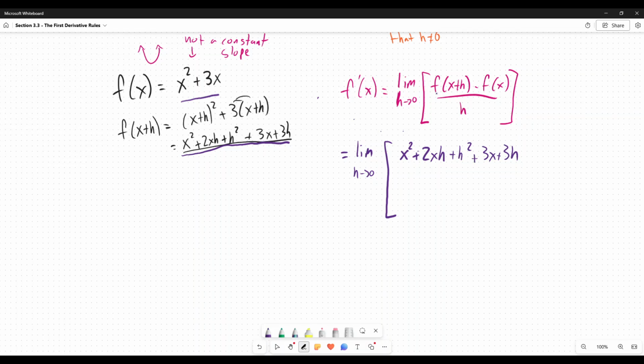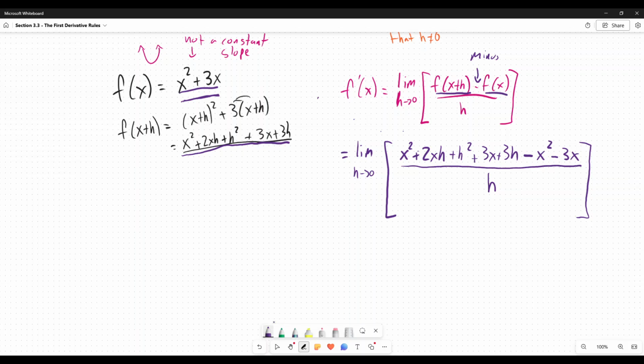That's just the first term, f of x plus h. Let's also plug in f of x, which, of course, is x squared plus 3x. But a reminder, we are subtracting. We are minusing this whole thing. So not only are we going to have a minus x squared, we're also going to have a minus 3x. That's the number one mistake I see students make, is they forget that you need to subtract the whole thing.